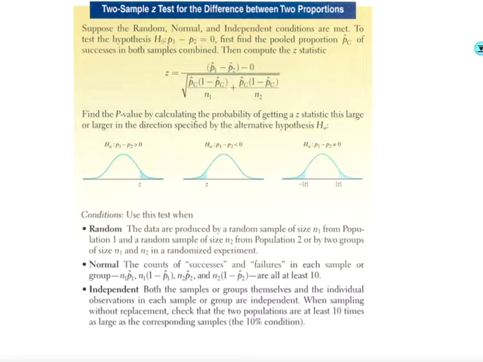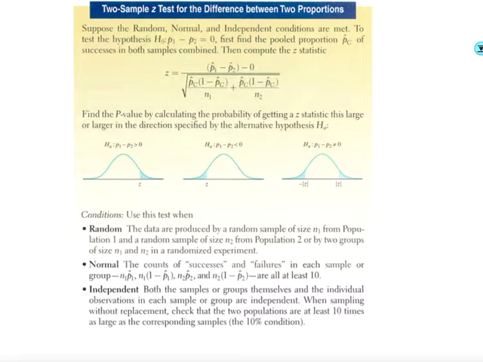Two-sample z-test for the difference between two populations. Suppose the random, normal, and independent conditions are met to test the null hypothesis where p1 minus p2 is equal to 0.